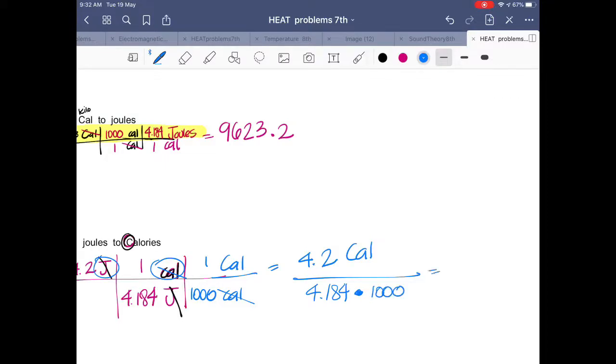So it is 4.2 kilocalories divided by 4,184, because you multiplied it times the 1,000, and your answer will be 0.00100 or 001 kilocalories.